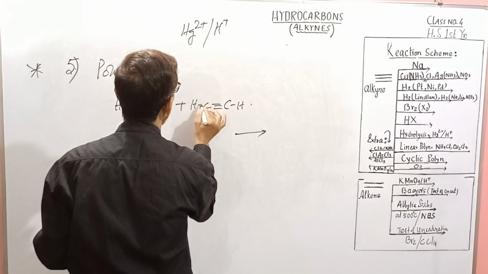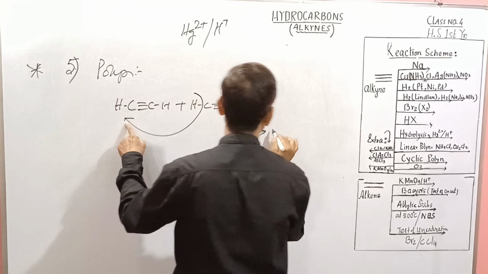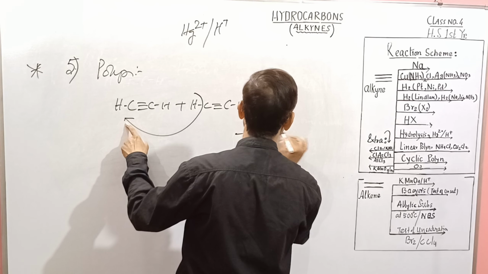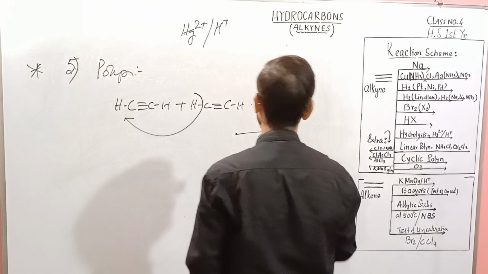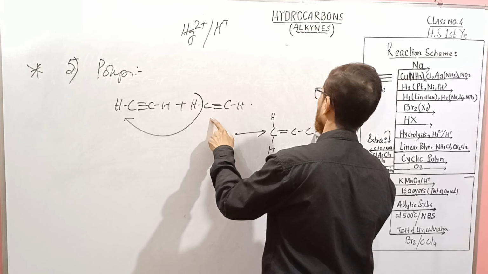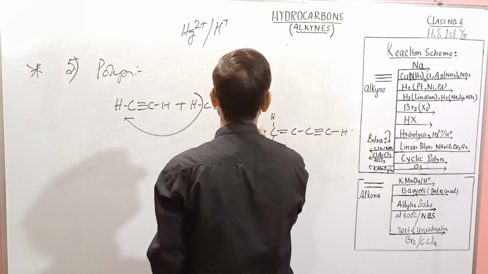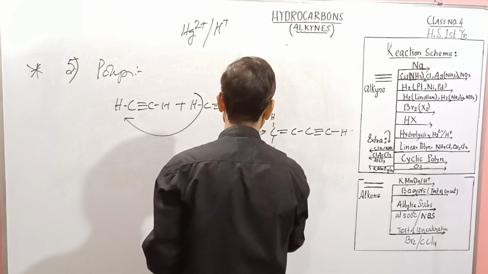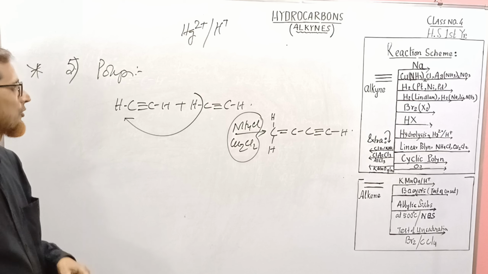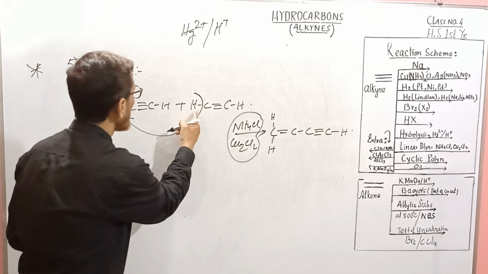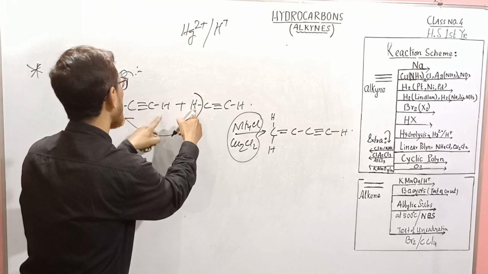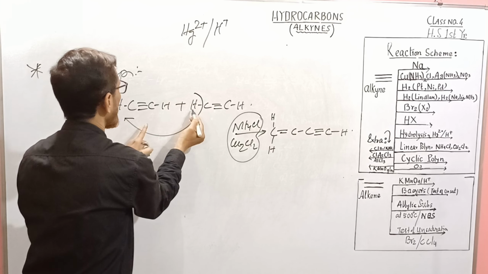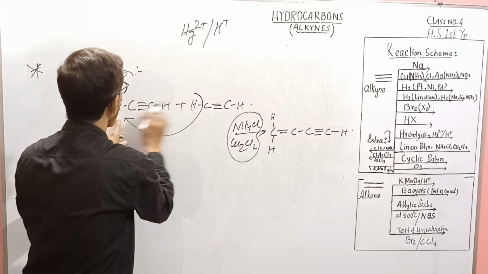Attach one hydrogen here, so you get one hydrogen here and another hydrogen here, C double bond C, and you add ammonium chloride and cuprous chloride. Keep the reagent in your mind. So you add this hydrogen here, and wherever that hydrogen is added, the next part is added to the opposite carbon.